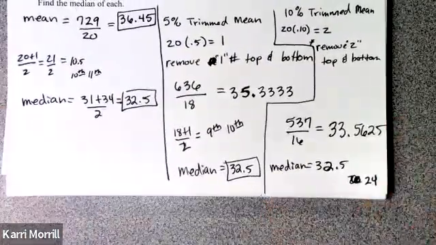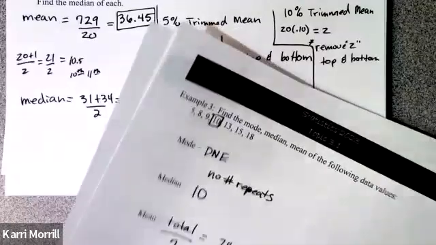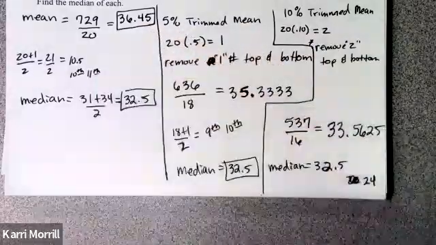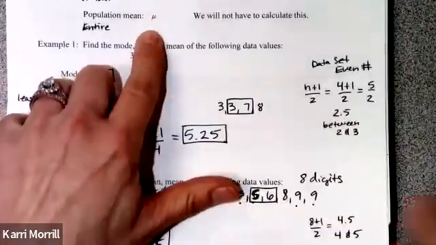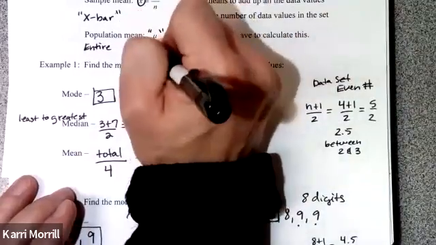So one thing I didn't really do is this is where you're going to see your X bar, because that is different than the population mean. Whenever you saw that symbol on that page before, let's go back to it real quick, because I do like to talk about symbolism, and I think I kind of skipped over it. Your population mean would be the mean over the entire population, and this little symbol is called mu.